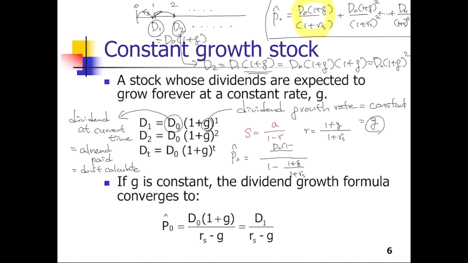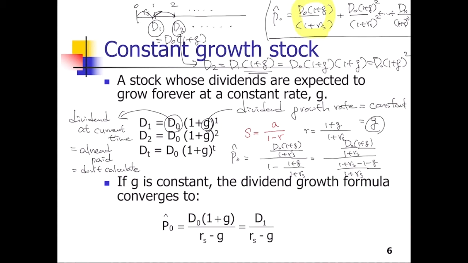So we can write down D0 (1 plus g) over (1 plus Rs) in the numerator. The denominator, we can rearrange as (1 plus Rs) minus (1 plus g), over (1 plus Rs). And the numerator is D0 (1 plus g) over (1 plus Rs).